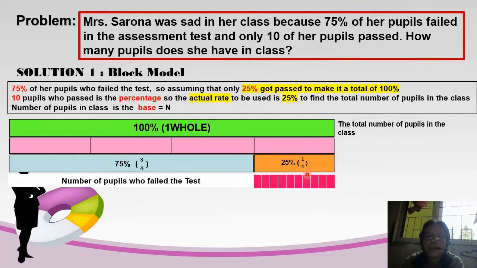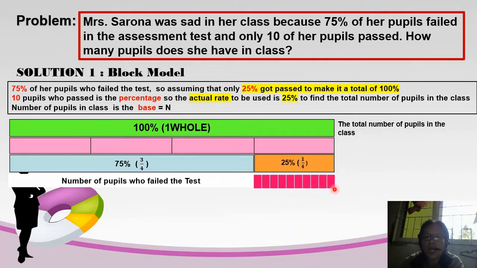Now, let's try to identify how many pupils there are in each smaller block. So we have here under this 25% who passed the test, according to the problem, only 10 pupils who passed the test. So we make the smallest blocks here under this 25%.